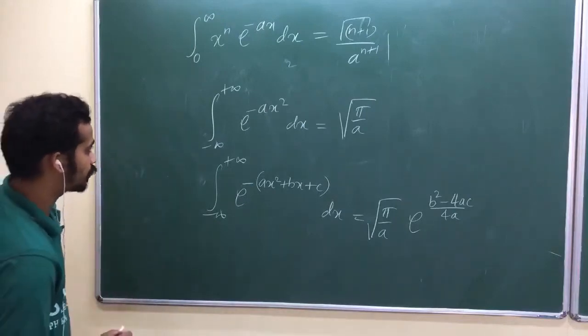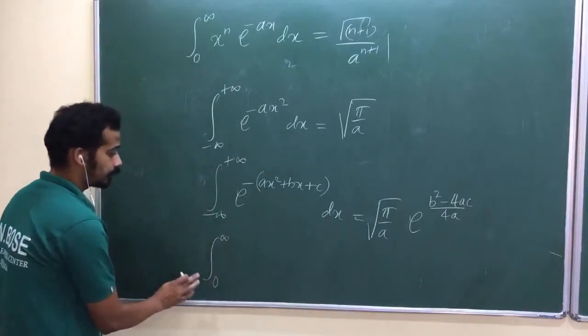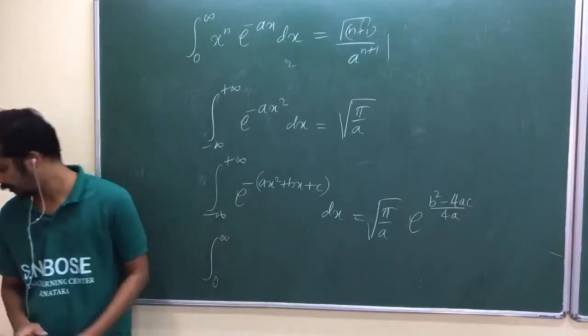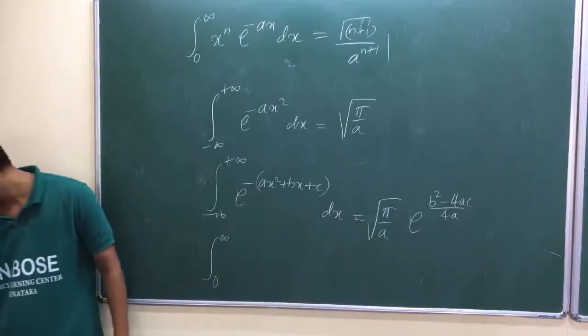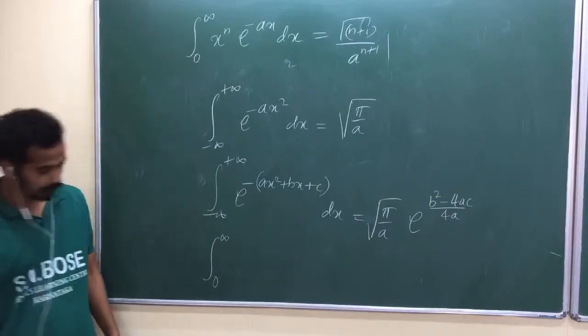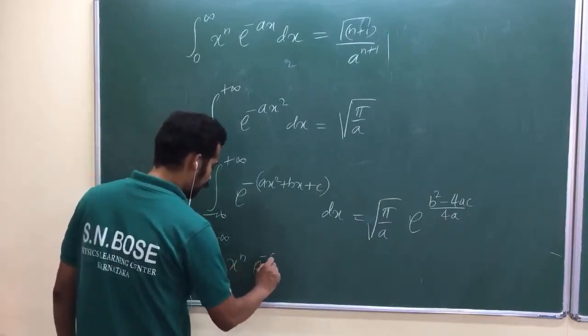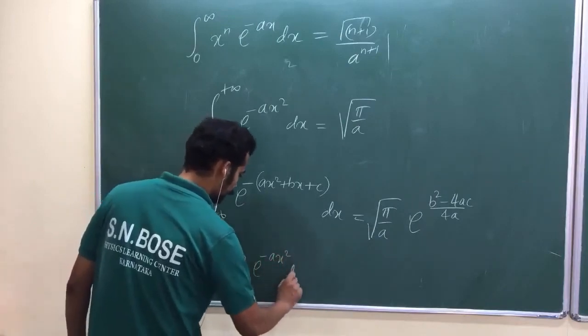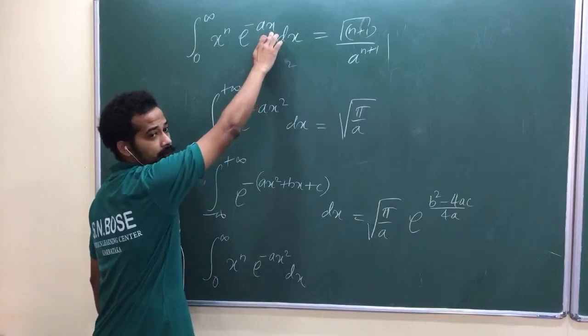And one more, the last one, is from 0 to infinity. Remember, 0 to infinity, not minus infinity to plus infinity. x raised to n into e power minus a x square dx. Observe properly.